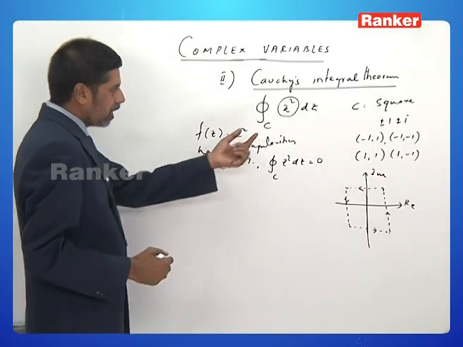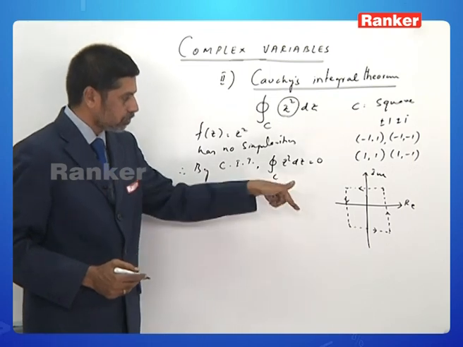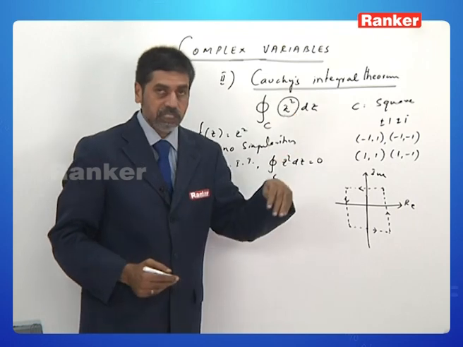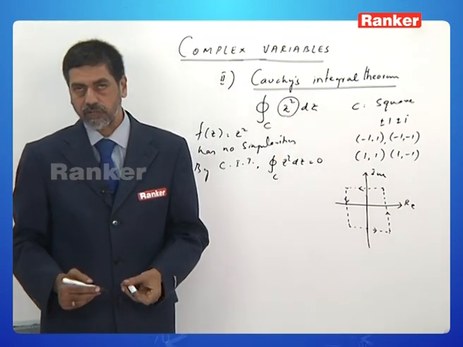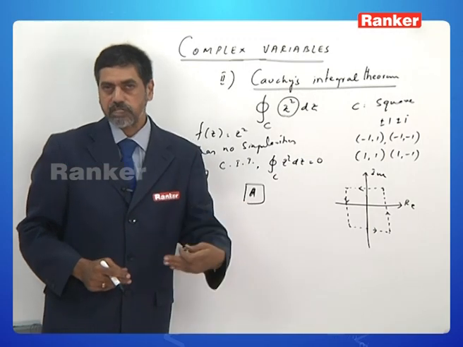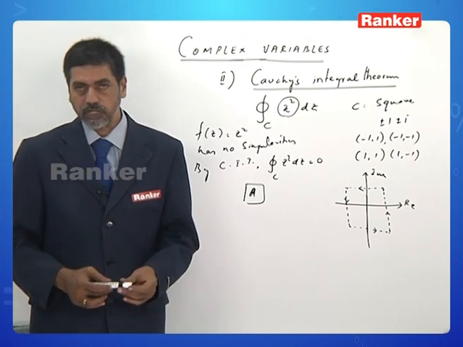In fact, every algebraic type of function will have no singularities at all, whatever be the contour. The singularities arise once you have denominators involving functions of z. So the correct option for this problem is A. So you can see that no integration has been performed, but only the function has been tested. If the function is analytic, then you can rest assured that the output of this integral will be 0.